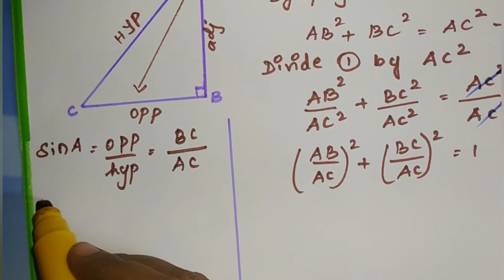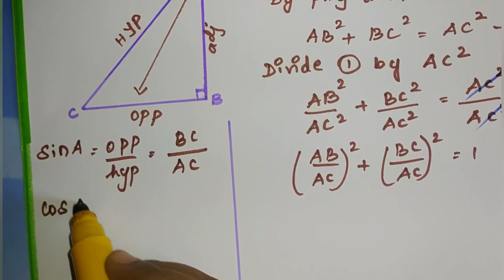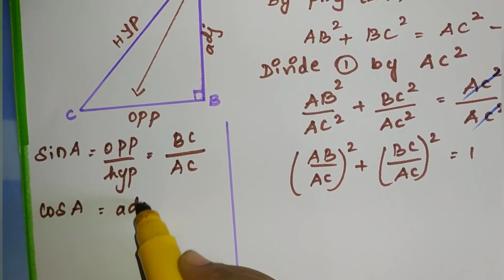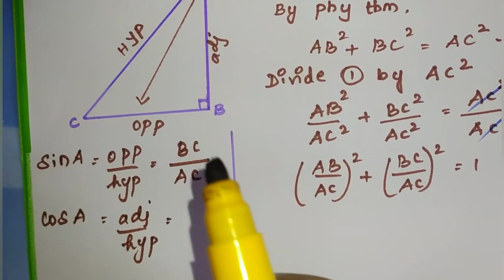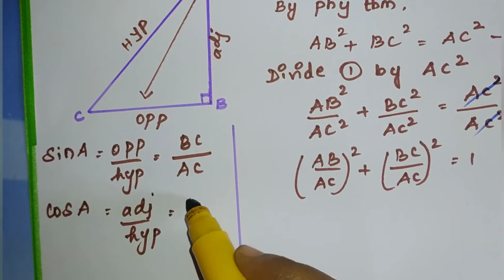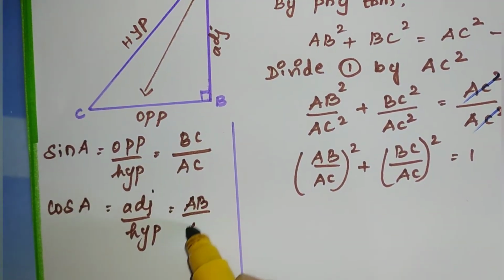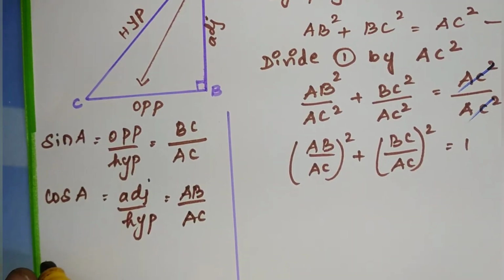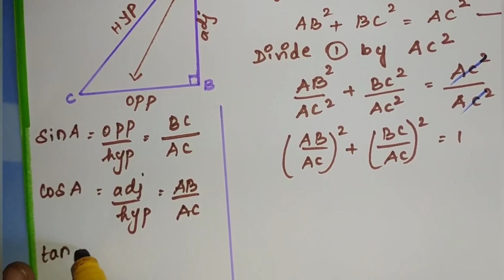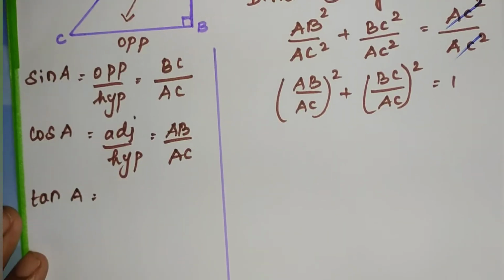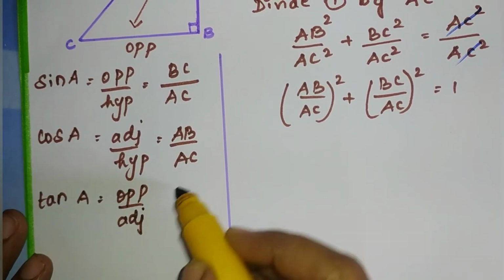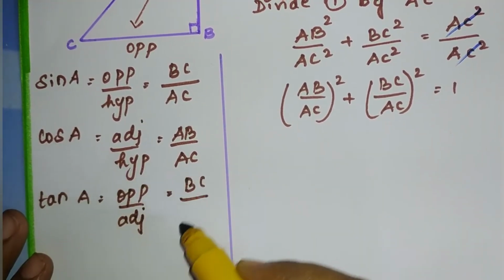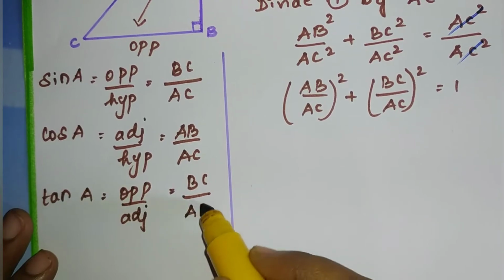Next, cos A is adjacent by hypotenuse: adjacent is AB, hypotenuse is AC. And then tan A is opposite by adjacent: opposite is BC and adjacent is AB.